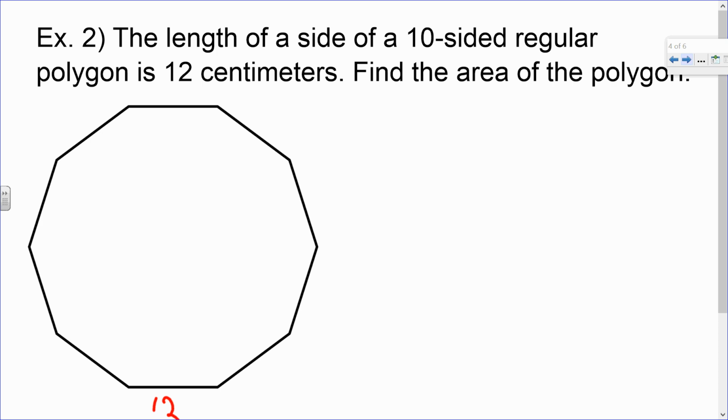Unless I had the software that you see in this program, I'd have a hard time drawing a decagon. So you might just draw one of these triangles, and make a note: I need 10 of these triangles, and so far I know one of those sides is 12.